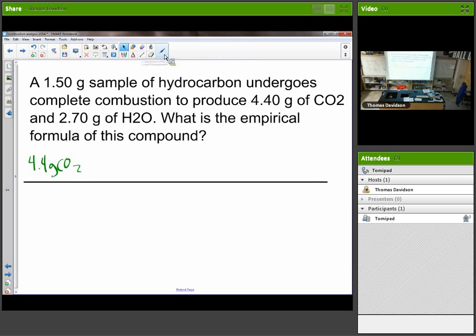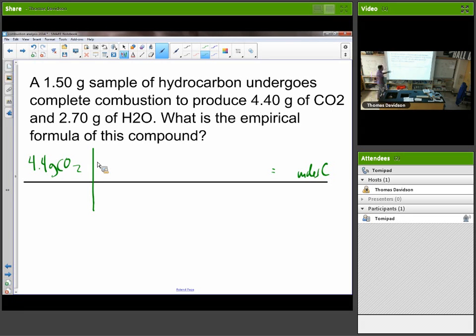We're going to use what we call the picket fence to do this concept at first, and then we'll teach you a lot faster way to do it. I want to end with an answer over here that says moles of C. In order to end up with moles C, I've got to get rid of grams of CO2, correct? We did this yesterday. We didn't do it in a picket fence, but we did the same thing.